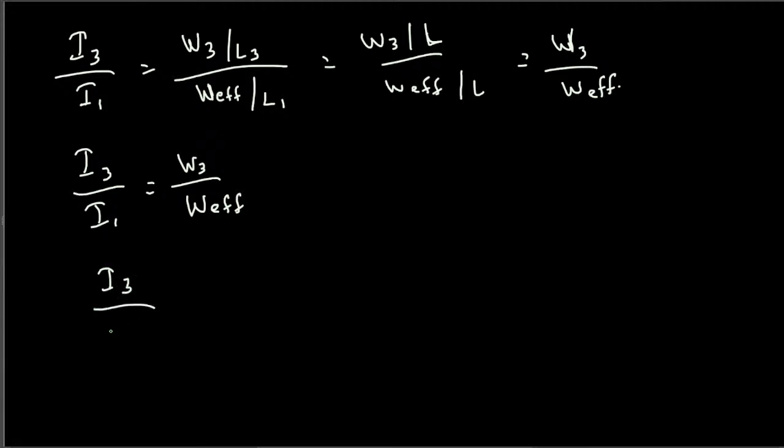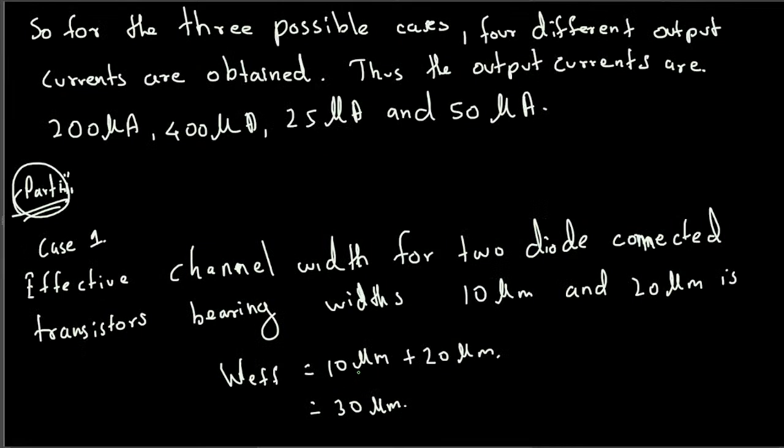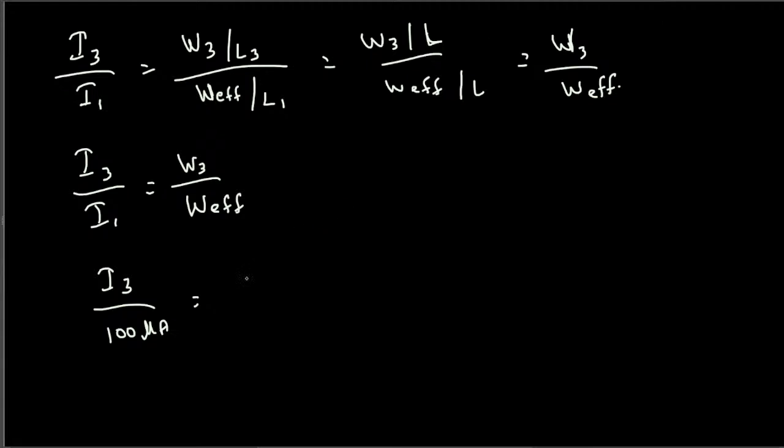So I3 divided by I1 is 100 microampere, and W3 is the one we didn't choose. We chose 10 micrometer and 20 micrometer for the W efficient, so the one we didn't choose is 40 micrometer. So 40 micrometer divided by the W efficient, that is 30 micrometer, gives us I3 equal to 4 over 3 times 100. Let me calculate that.